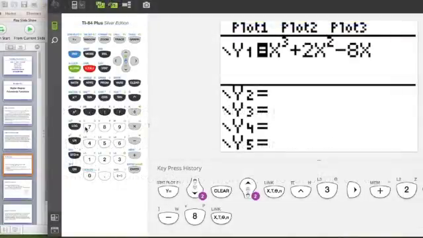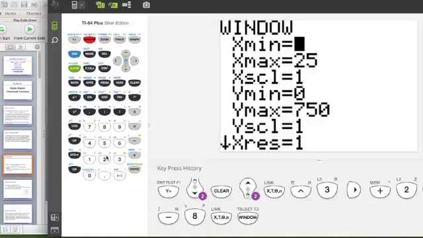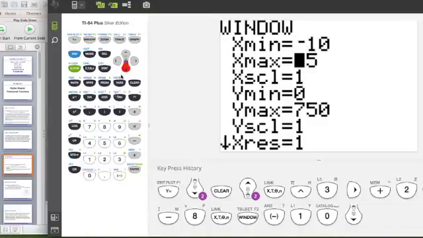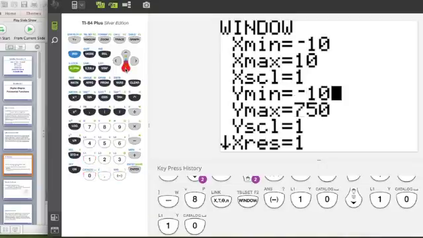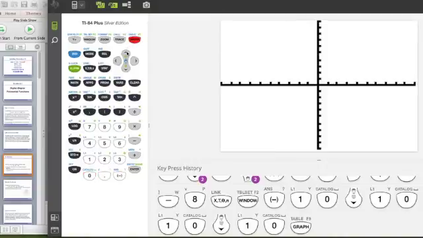Our equation, our standard window, let's make it the standard, negative 10 to 10, negative 10 to 10. That's always a good place to start, and then we'll see what happens with that graph.